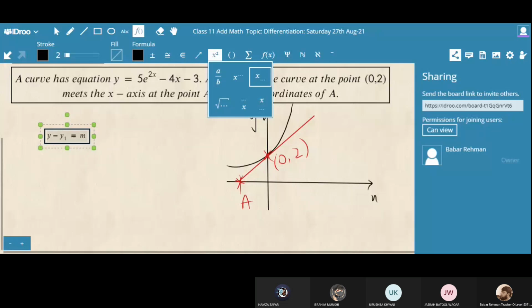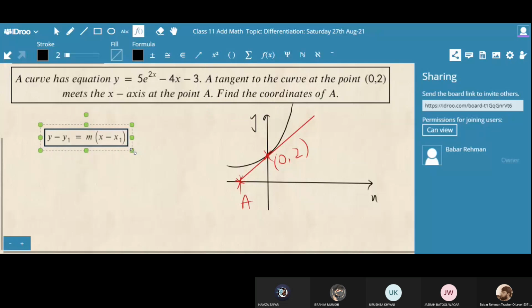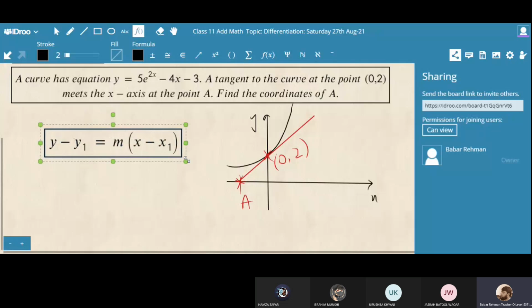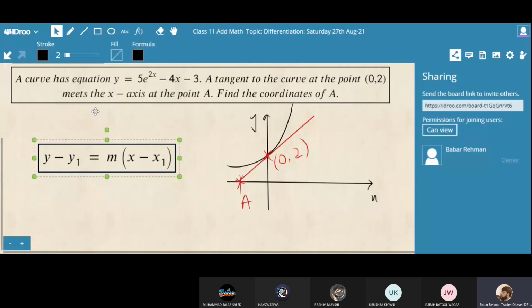So gradient times (x minus x1). Ibrahim Munshi, are you getting the concept? So this is the equation of tangent.